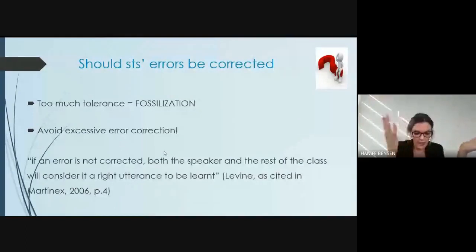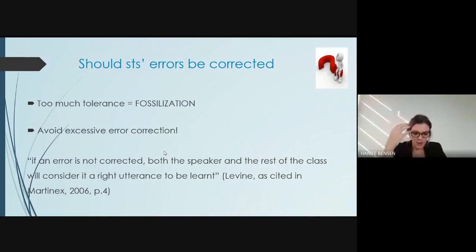On the one hand, it is desirable to tolerate many of the learner's errors, as this will have positive psychological consequences, since when teachers tolerate their students' errors, they feel more confident to use the target language, even with their limited linguistic resources.